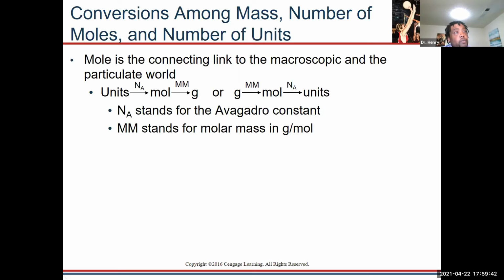That converts molecules or atoms into moles. Now if I want to go from moles to mass, I'm going to use molar mass, which is grams per mole. You need to be able to move in both directions. Are you with me?